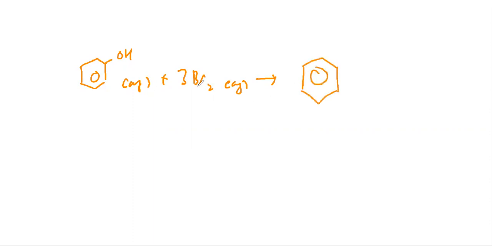Because you have quite a number of bromine in aqueous form, it will be attached at carbon number 2, 4, and 6. The reason for 2, 4, and 6 is that phenol is an ortho and para director, which will be discussed in another video.